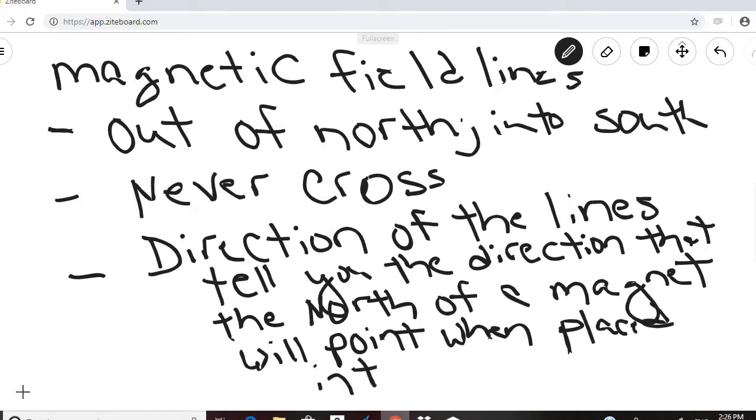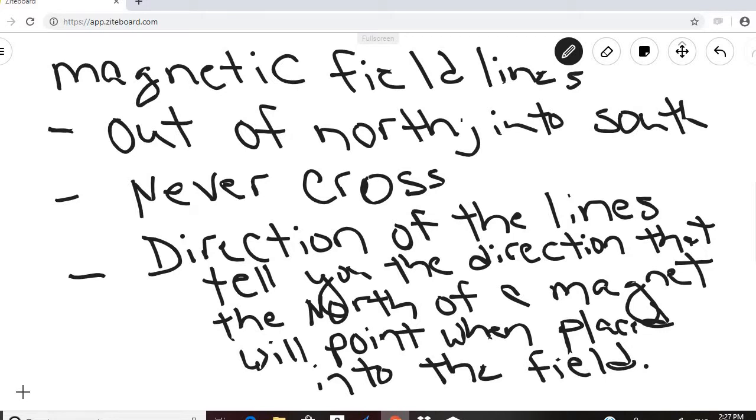Now it's assuming that the north pole of this magnet is free to move. So if you place the north pole of a magnet into a magnetic field, the lines will show you the direction that the north pole of that magnet will move.